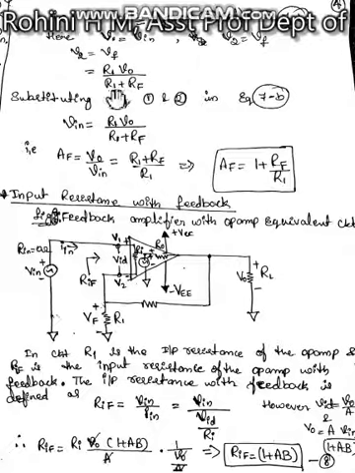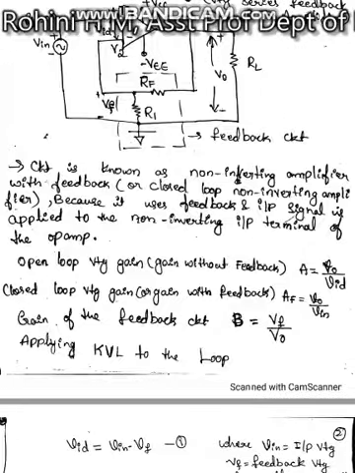So substituting equations 1 and 2 in this expression, Vin is equal to, because V1 is nothing but V in voltage in our circuit, whereas V2 is nothing but this voltage divider expression. In this circuit, to the V1 terminal we are applying V in, and to the V2 terminal we are applying Vf.